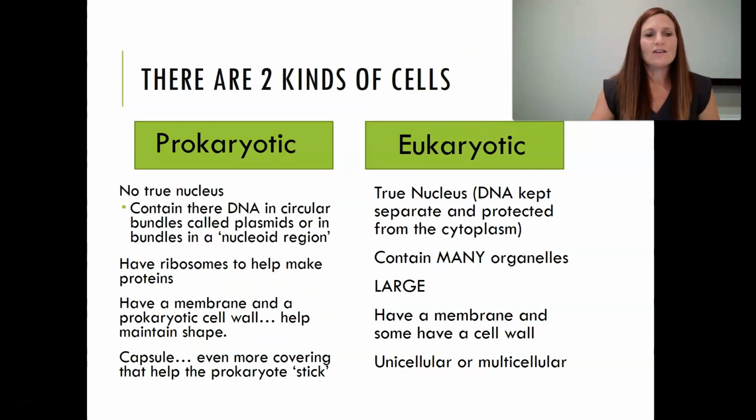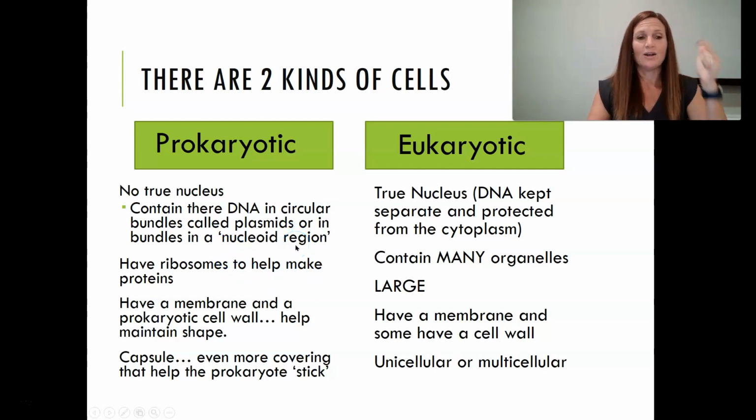When we're studying cells, there are really two kinds that we're going to be looking at, those that are prokaryotic and those that are eukaryotic. Prokaryotic cells do not have a nucleus, although they do have DNA in circular bundles called plasmids. They have only DNA, ribosomes, and a cell membrane or a cell wall, or both.